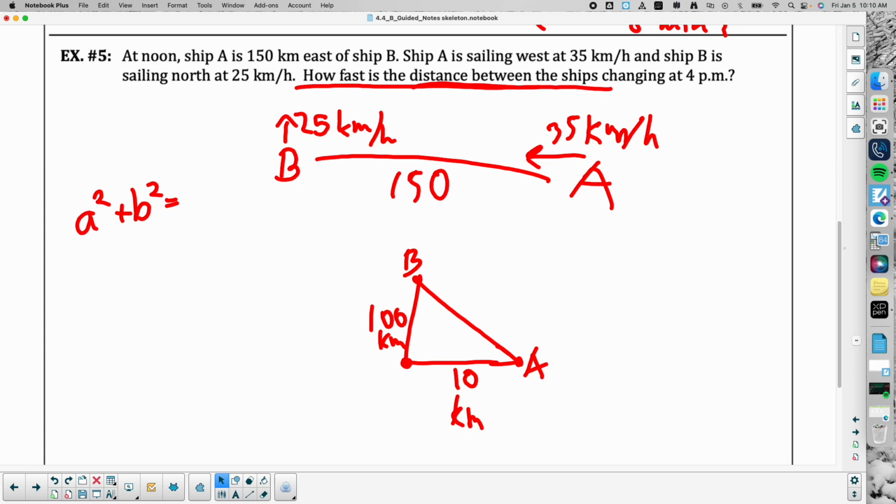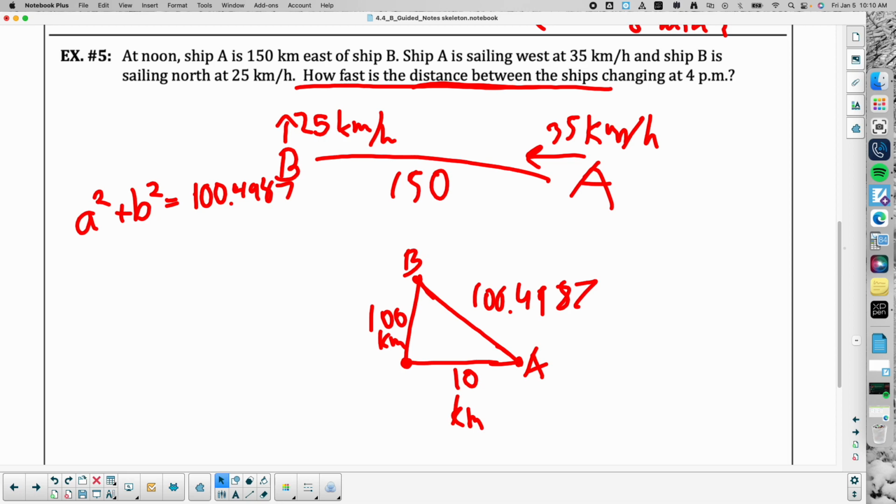And then to find our fun little C, does someone want to Pythagorean theorem this? 100.4987. Okay, off the top of your head. Actually, that isn't correct.